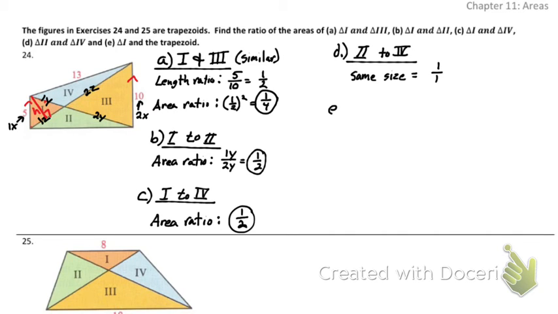Okay, and then we have to do E, and that is our 1 to our entire shape. So 1 to our entire shape would be this equation, 1 over 1 plus 2 plus 3 plus 4. What I'll notice is 1 to 3 is 1 over 4. 1 over 2. 1 over 2.